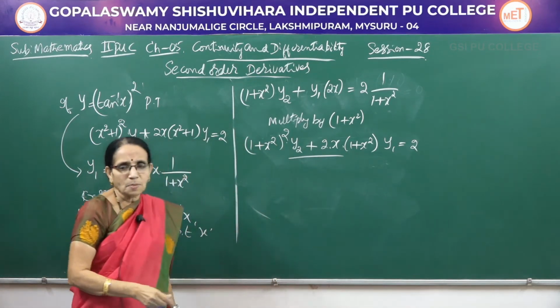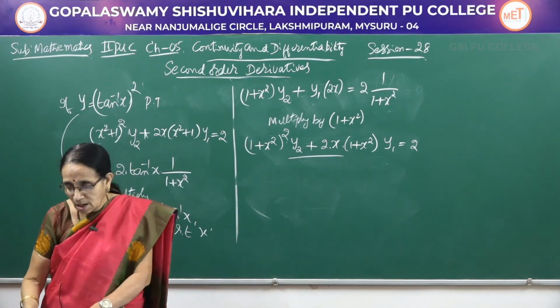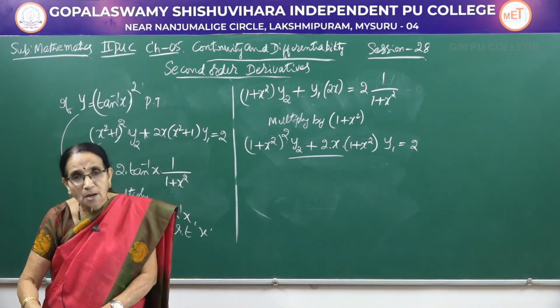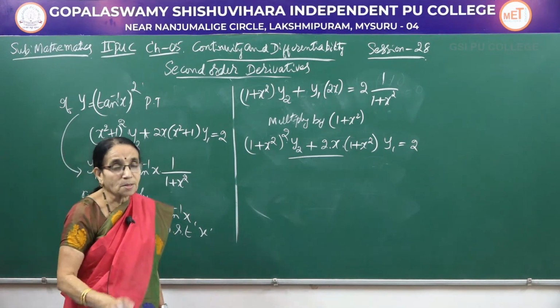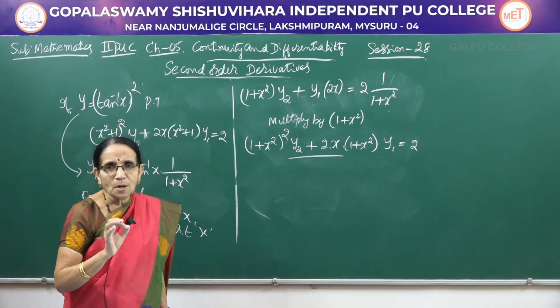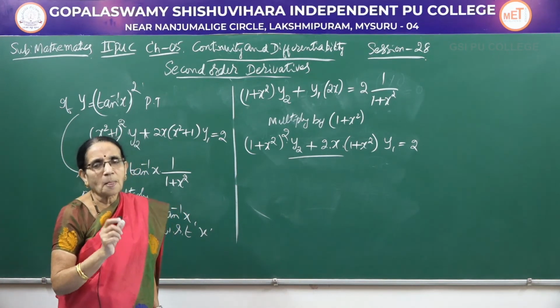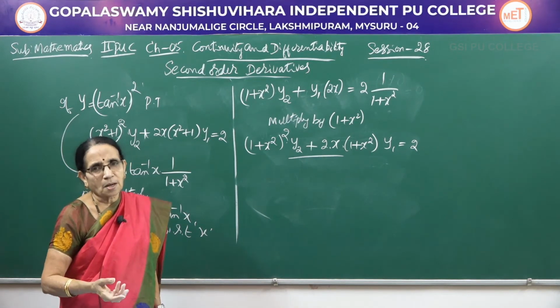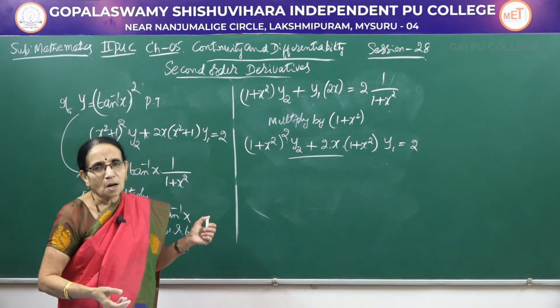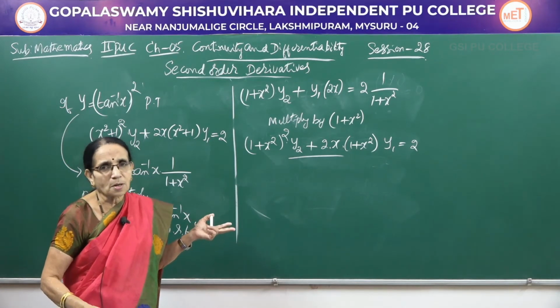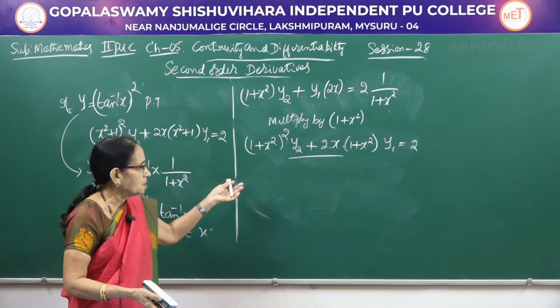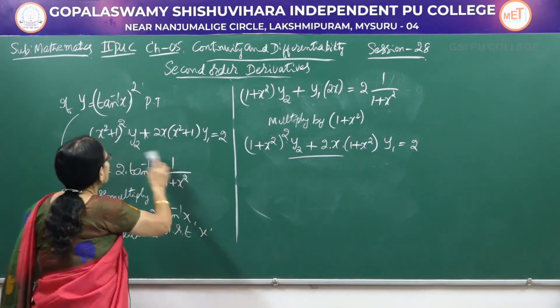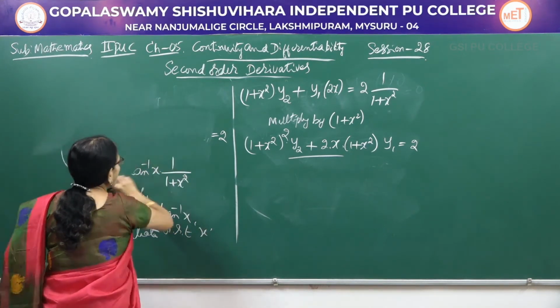All these problems are usually given for a 5-mark question, so carefully you have to solve the problem. This hint you always remember: whenever we have an inverse trigonometric function, after the first derivative cross multiply, then differentiate again. The left hand side will always be in the form of a product. So, apply the product rule, then you get the answer directly. So, this is the procedure we adopt.